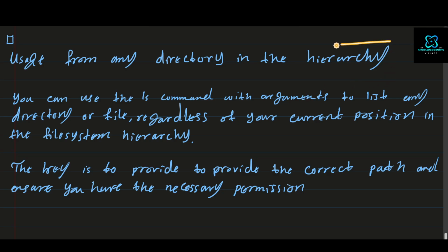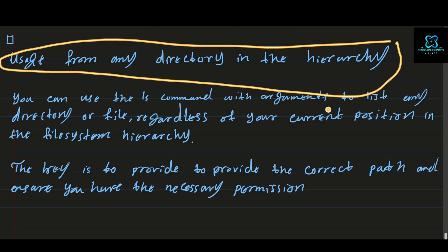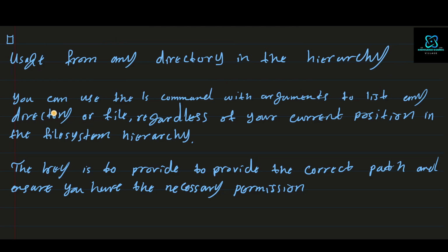I couldn't find a suitable title here, but this is about how it doesn't matter where you are in the file system. You can use the ls command with arguments to list any directory or files regardless of your current position in the file system hierarchy.